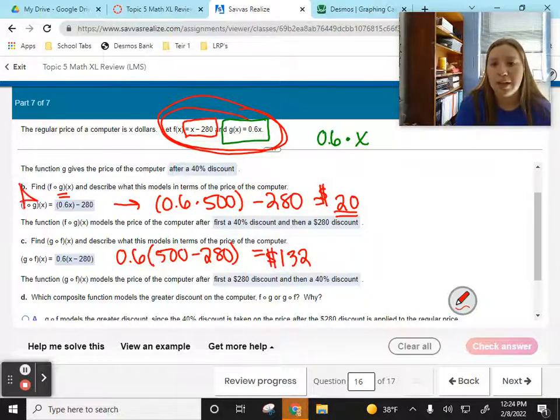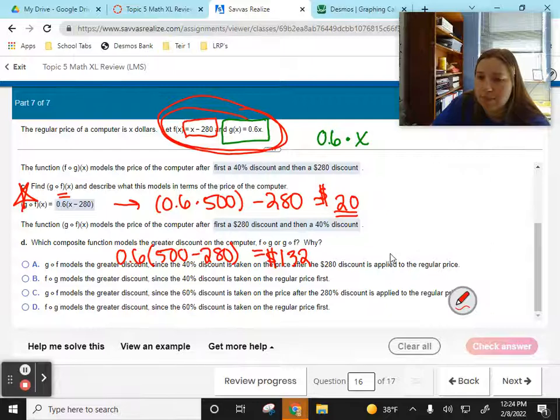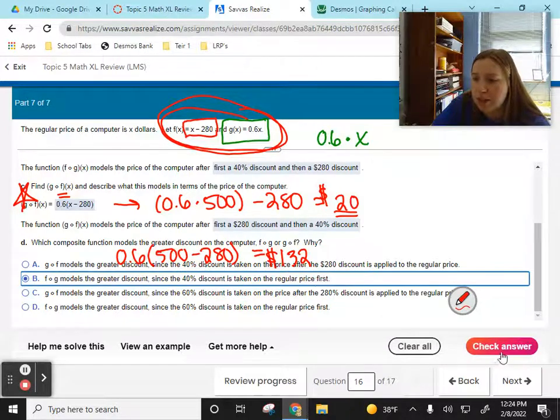So my f of g of x function is going to be the better price, f of g of x, since the $40 discount is taken off the regular price first.